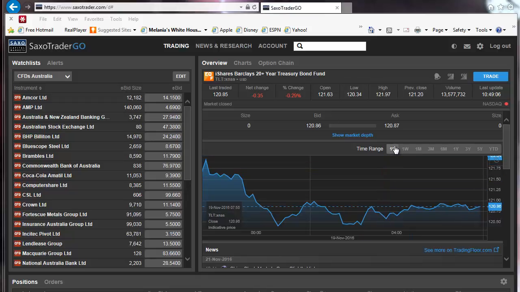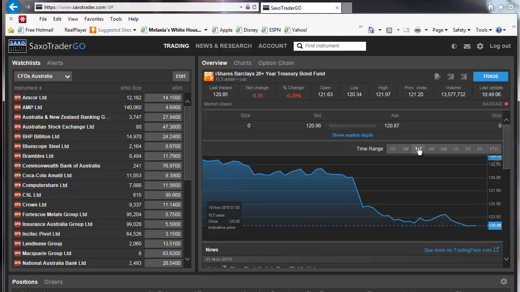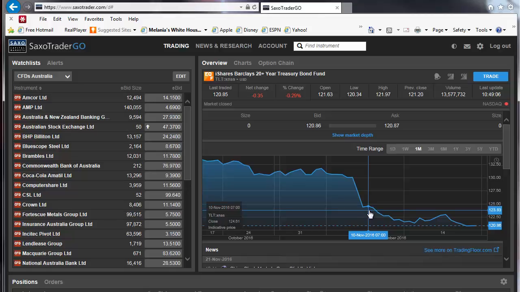So here's the chart. This is 1 day's worth of data. We'll step back to 1 month and we will see, here's the election result, 9th of November. So that's the 9th of November. So we'll see the election result certainly created an increase in interest rates.